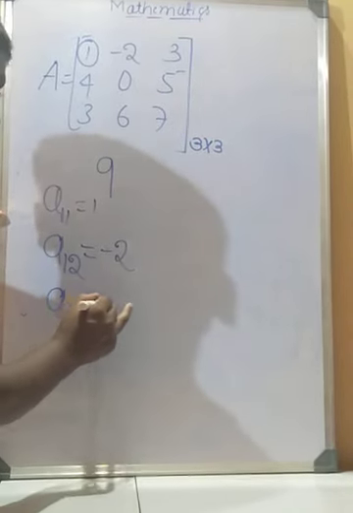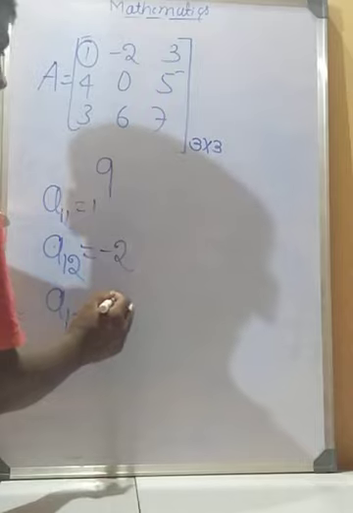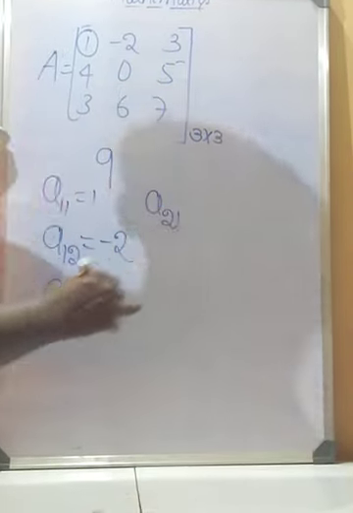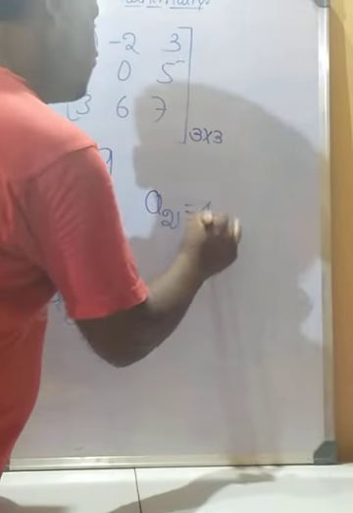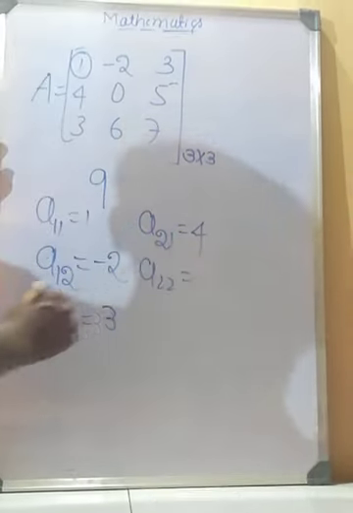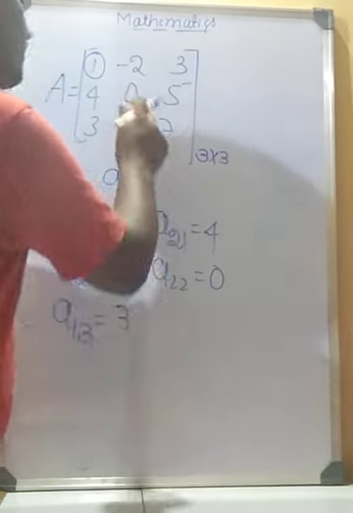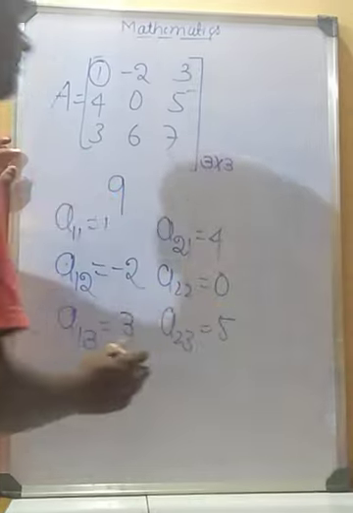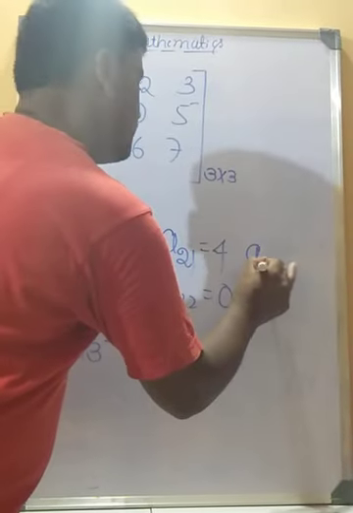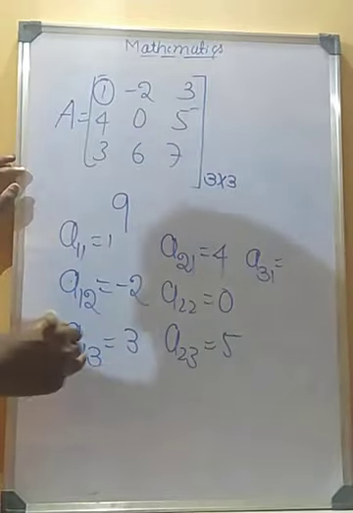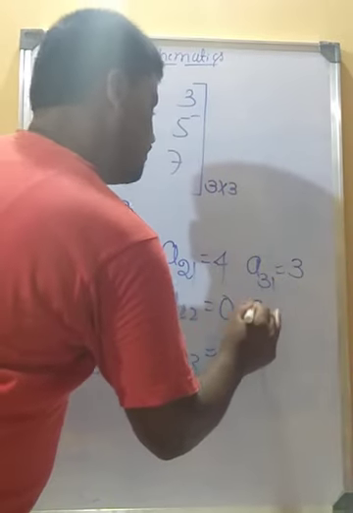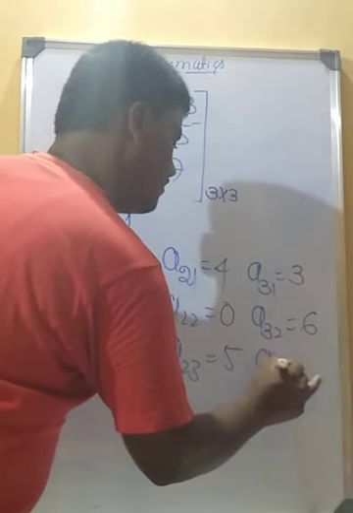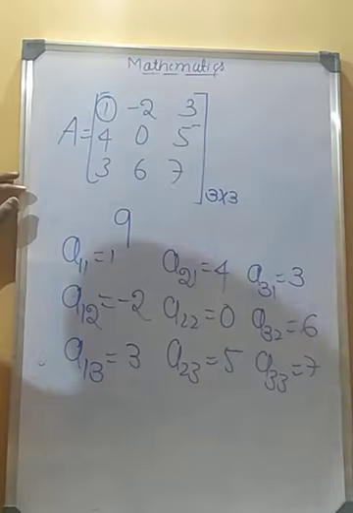Similarly, A13, first row, third column is 3, and A21, second row, first column is 4, A22, second row, second column is 0, A23, second row, third column is 5, and similarly A31, third row, first column is 3, A32, third row, second column is 6, and A33, third row, third column is 7.